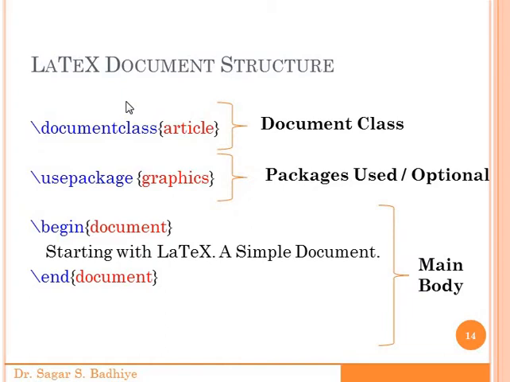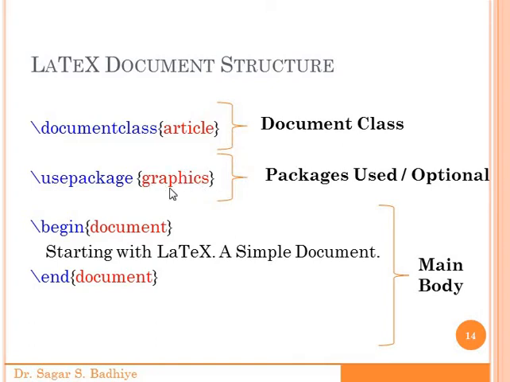The LaTeX document consists of 3 basic parts. The first part, the most important part of any LaTeX document, is the document class. It specifies the type of document that is being created, for example, an article class. The second part of the LaTeX document is an optional part that specifies the different packages being used in the current document, which is done by the command \usepackage and within parentheses the name of the package.